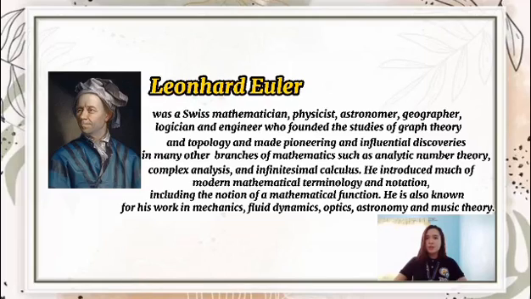He introduced much of modern mathematical terminology and notation, including the notion of mathematical function. He is also known for his work in mechanics, fluid dynamics, optics, astronomy, and music theory.